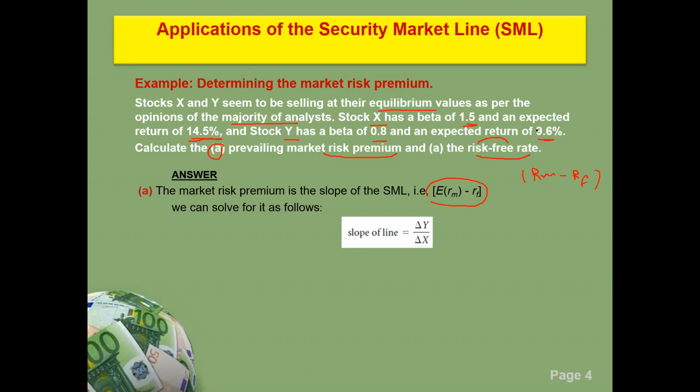We also know that this market risk premium, as I explained last time, is basically our slope. If we know how to calculate the slope, then we will reach this market risk premium. We know from basic mathematics that the slope of a line is delta y over delta x.